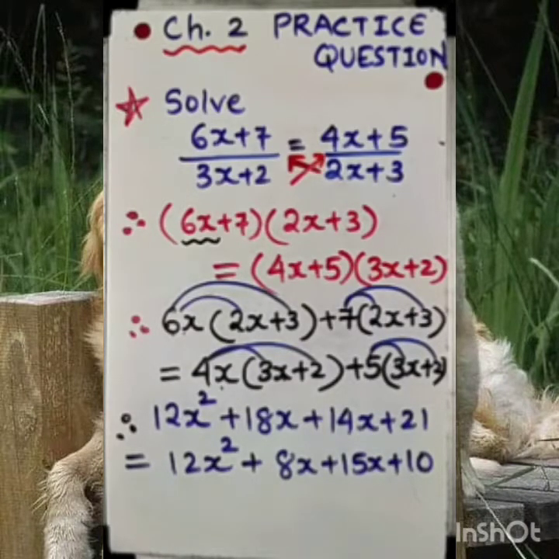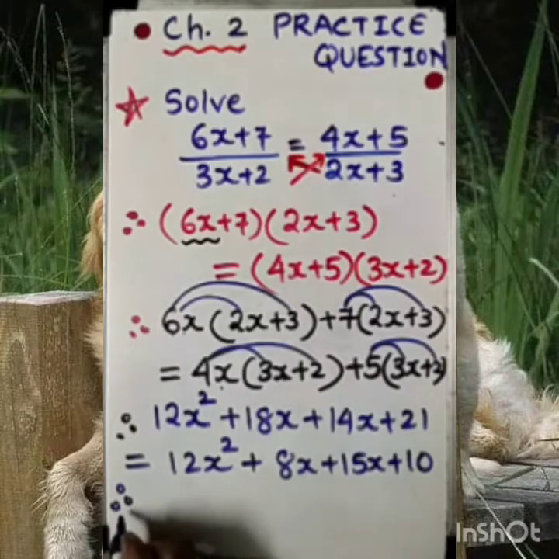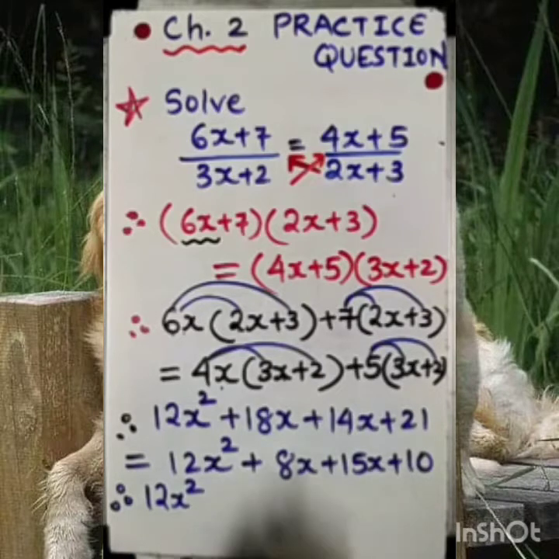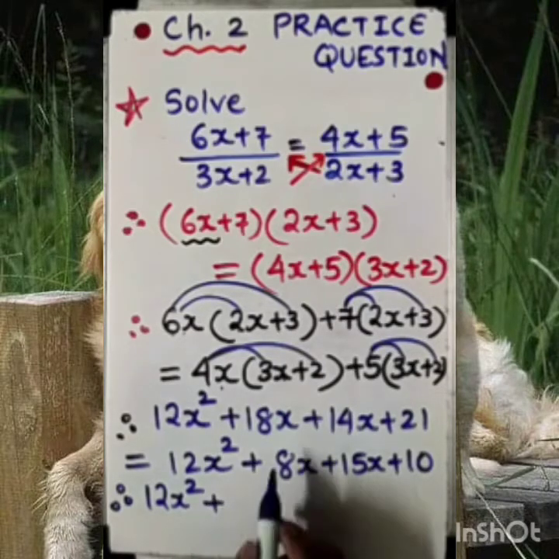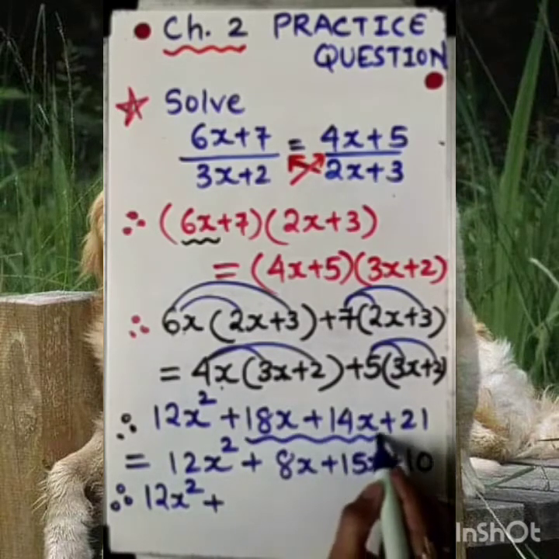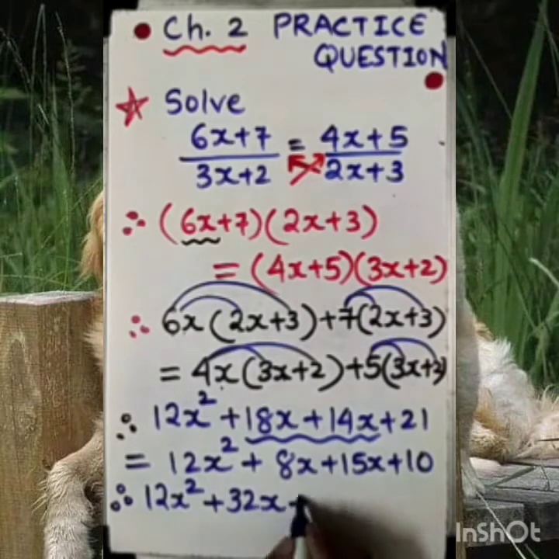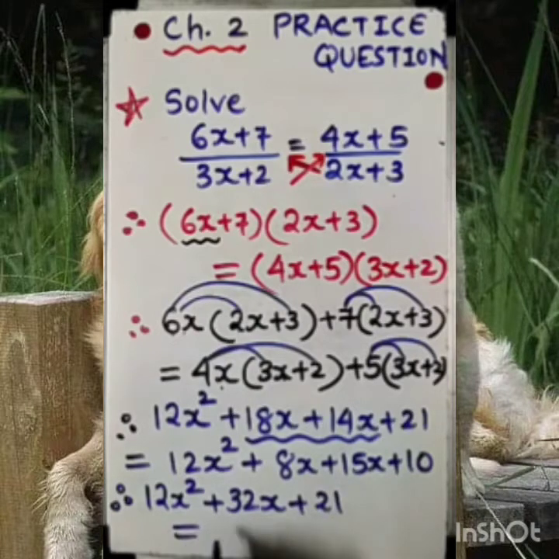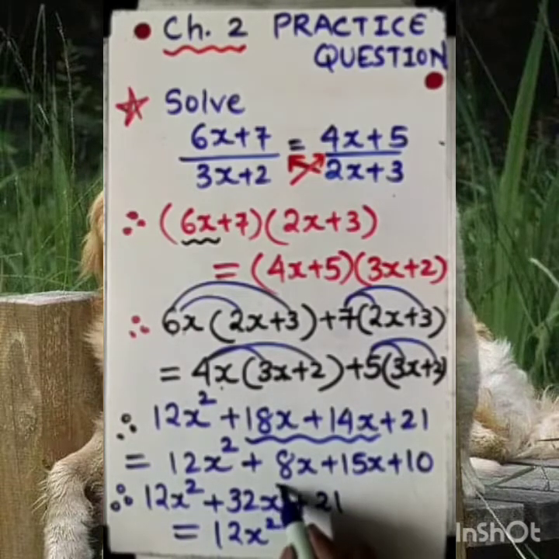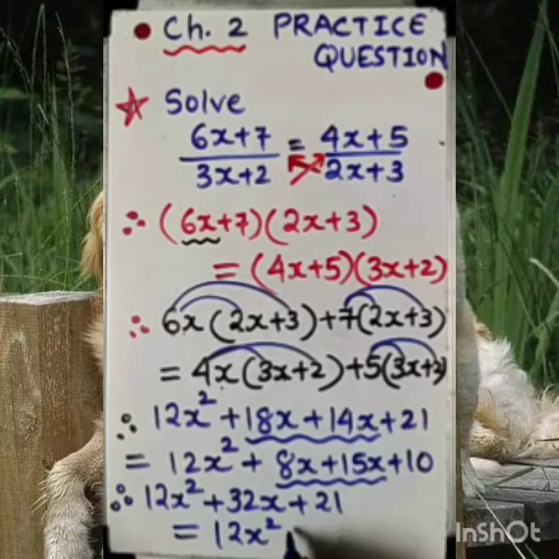Okay. Now what we have to do in the next step? So first I am bringing this 12x square this side. Let it be as it is. Let me simplify. Plus 18 plus 14 is plus 32x. Agree? Plus this 21 equal to 12x square. Same procedure here. Plus 8x plus 15x is plus 23x.